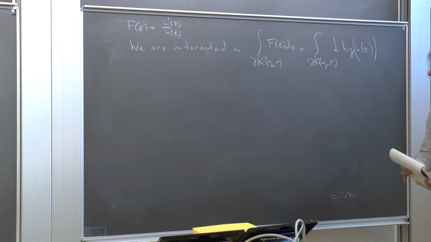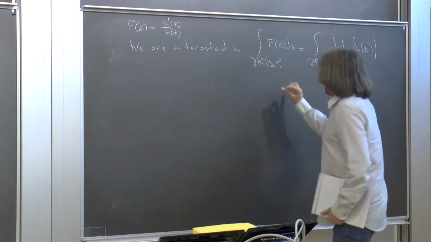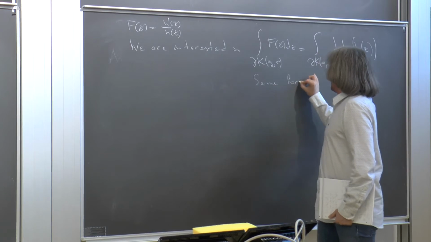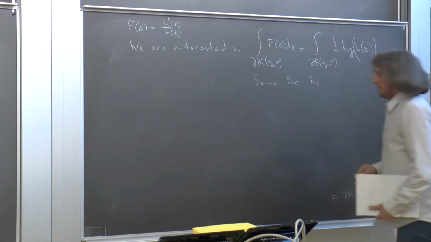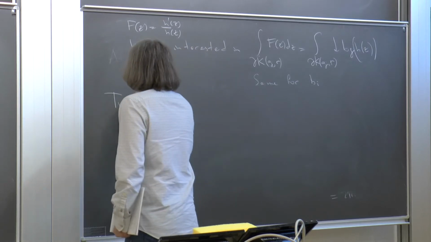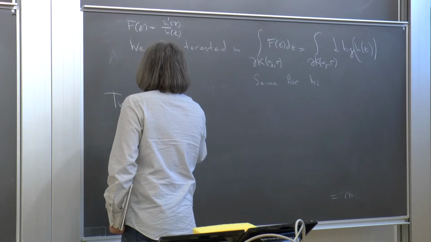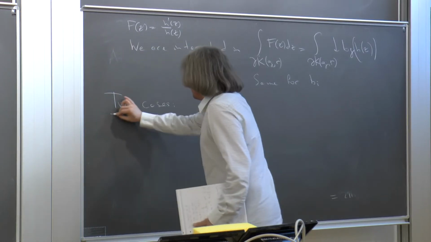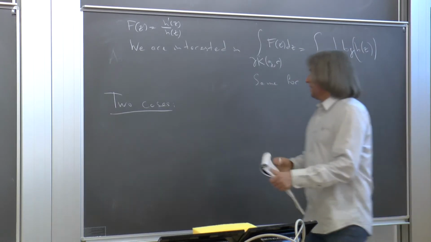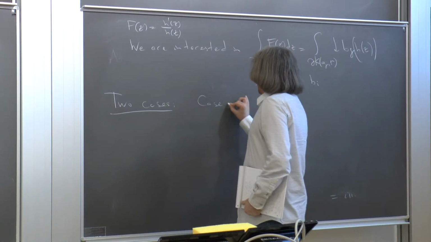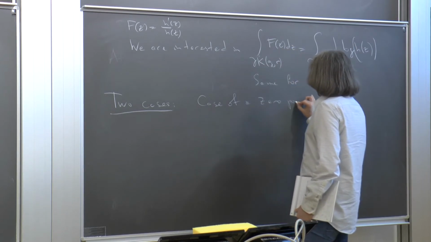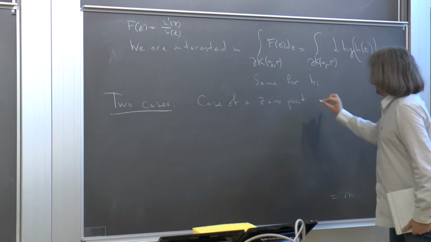Okay. Now suppose that, yeah, so a_j and same for b_i. So now there are two cases. Case number one, case of a zero point.